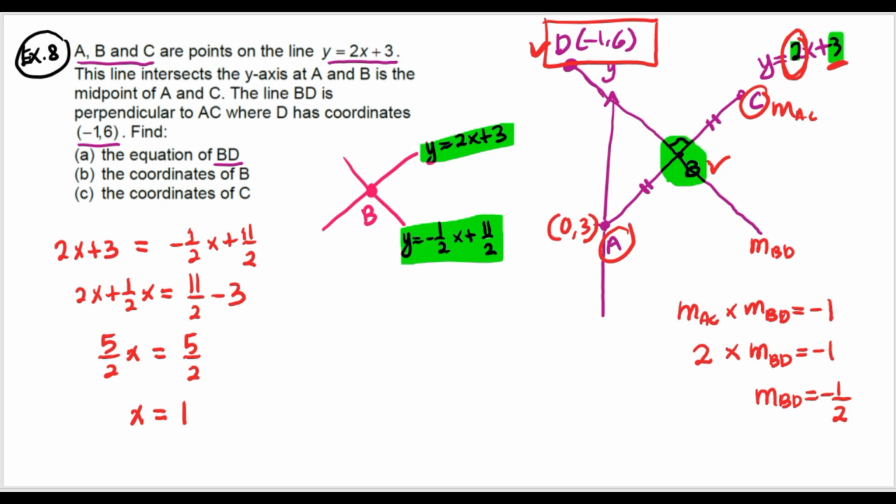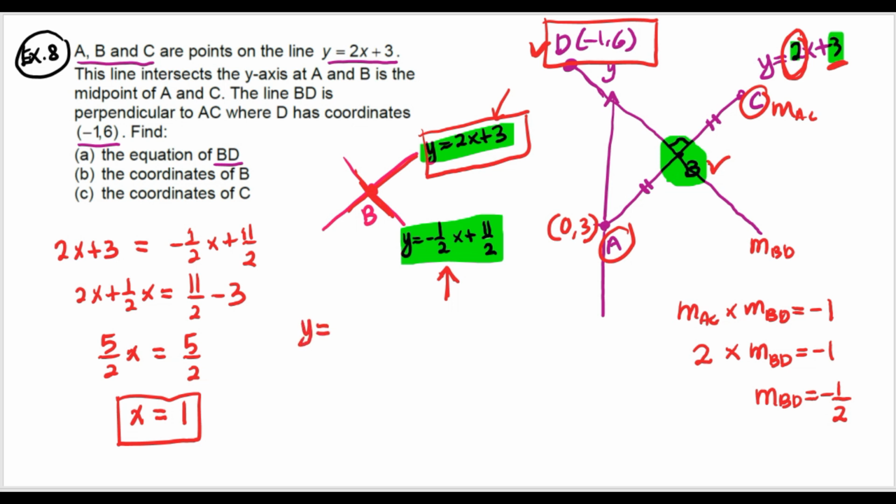How to find the ordinate of y? You can substitute the value for x inside either equation, because B lies on both lines. Suppose I substitute the value x equal to 1 inside this equation.